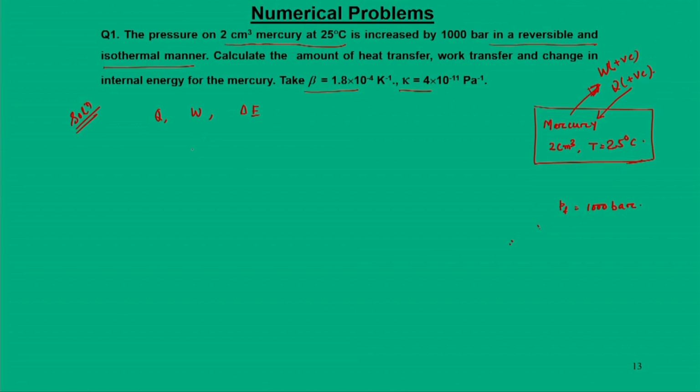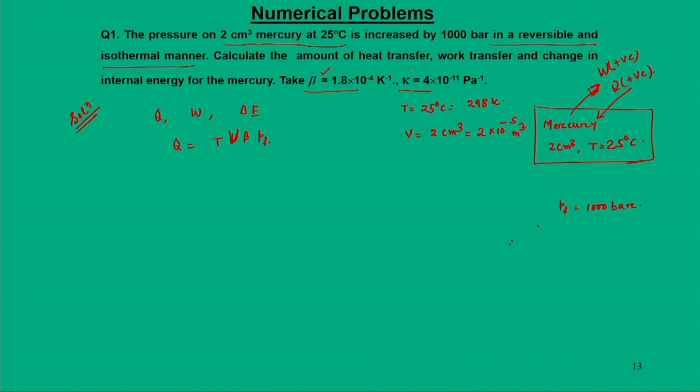So, we can recall our expressions derived in the previous slides. Q is equal to minus T times V beta into Pf. Okay. So, here T is 25 degree centigrade, that is 298 Kelvin. V is given as 2 cm³, and that is 2 into 10 to the power minus 5 m³.